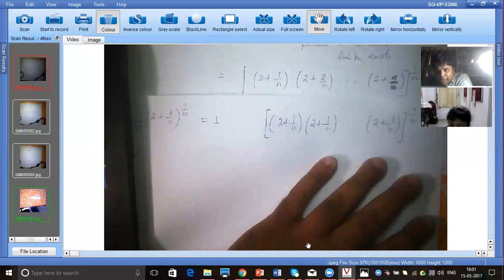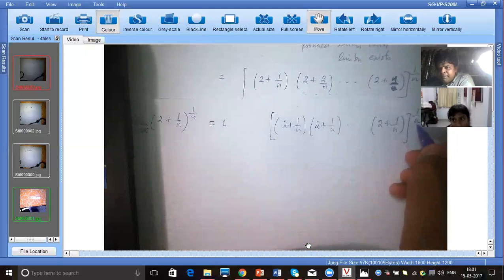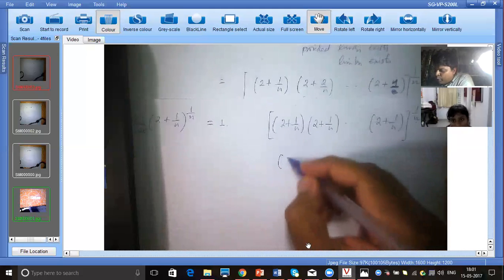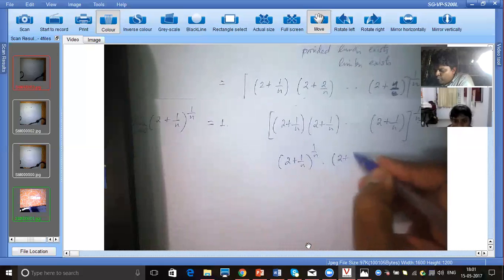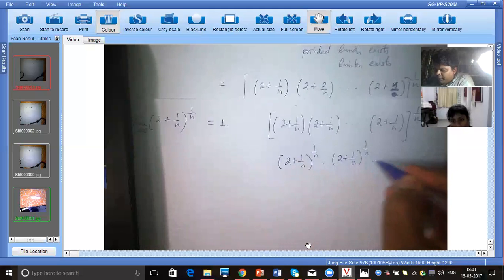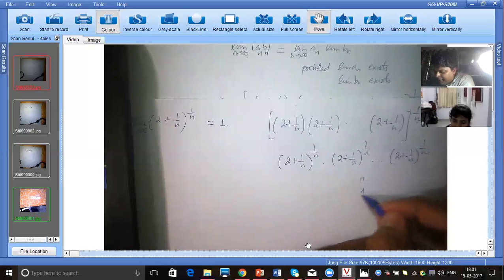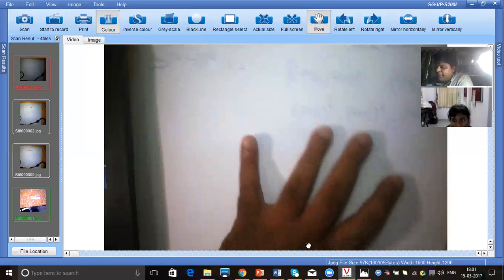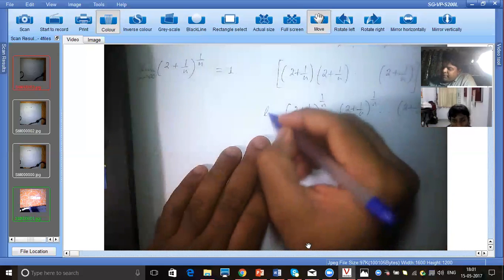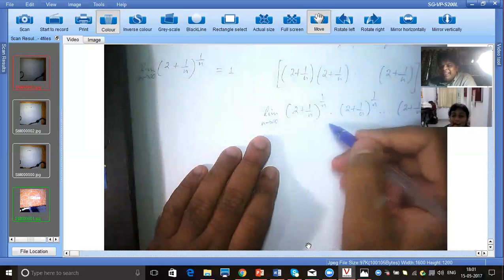So in this case also, if I bring in 1/n, then I'll get (2 plus 1/n) whole to the 1/n times (2 plus 1/n) whole to the 1/n, and so on. If I do that, I get only 1 in the limit as n goes to infinity.